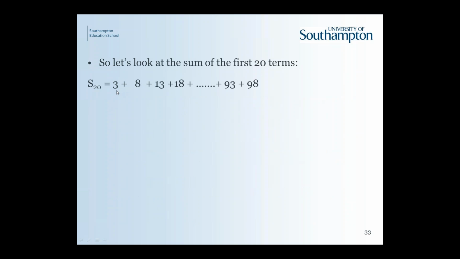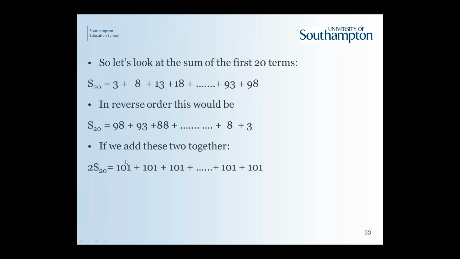So this was going back to our first 20 terms of this 3, 8, 13, 18 series. But we could use the 1 to 100, doesn't make a difference. As we are looking at these, I've worked out the 19th and 20th just by putting in the nth term, just to show you. If I do it in reverse order, then absolutely we can gather these in pairs. So adding them together, I then have got 2 sums, and I get a 101 when I add all of them together.